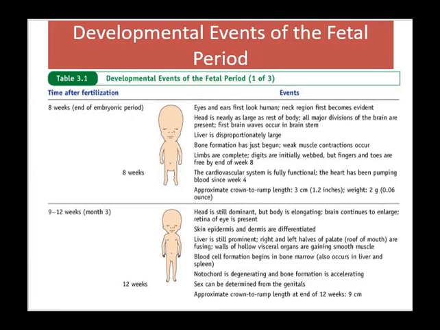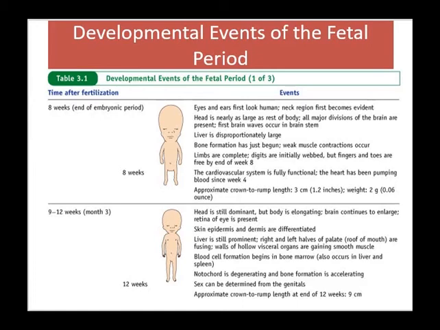First brain waves occur in the brain stem. The liver is still large. Bone formation slightly begins, and weak muscle contraction occurs. The limbs are complete now, but the digits are still not separated, so the limbs look like a web, as the fingers and toes are not separated from each other.